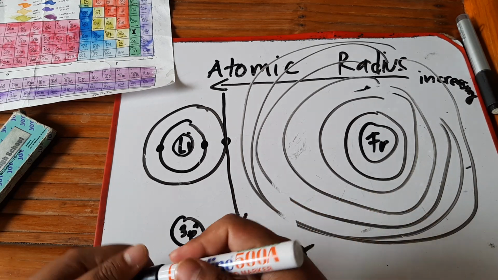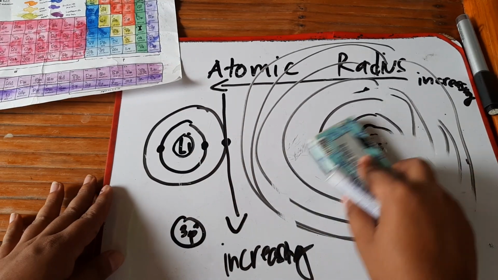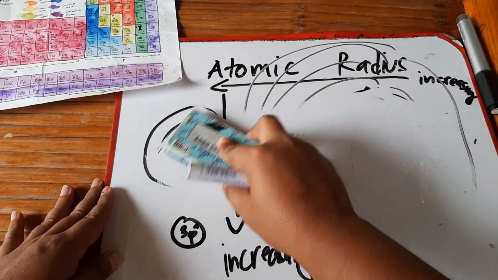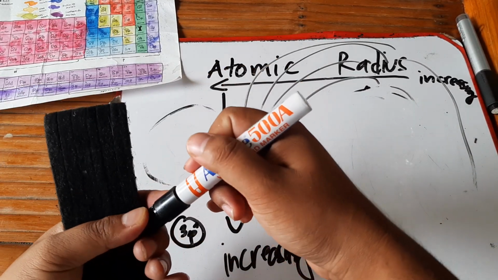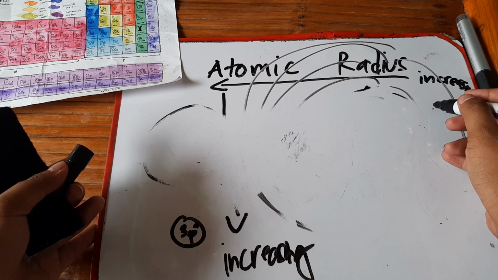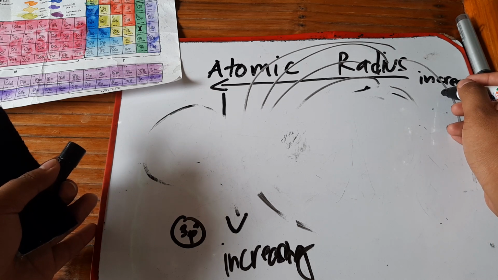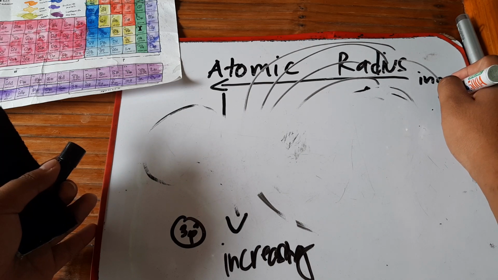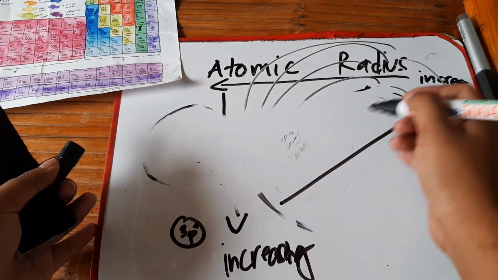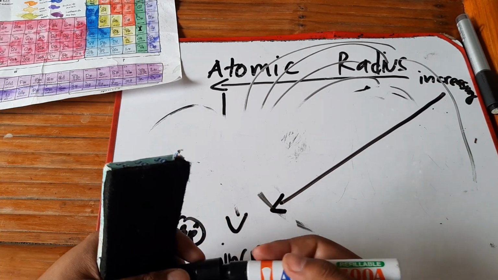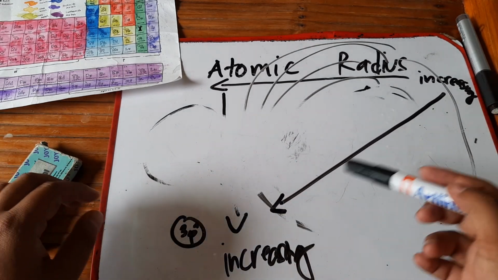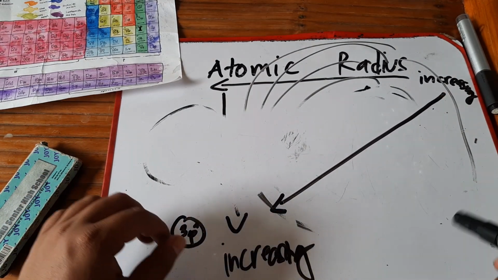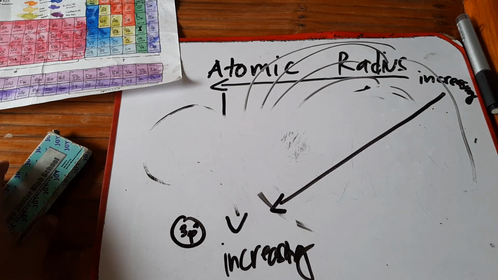So, to create a general trend, we can simply say that the atomic radius increases from the top right going to the bottom left. So that's the general trend. Remember, that's our arrow, from top left going to the bottom right.